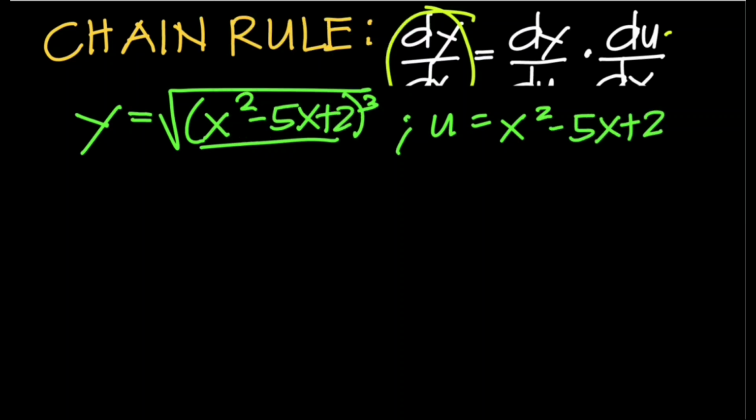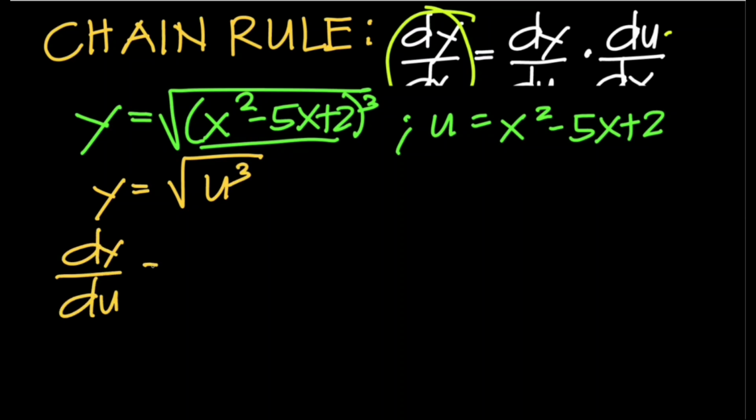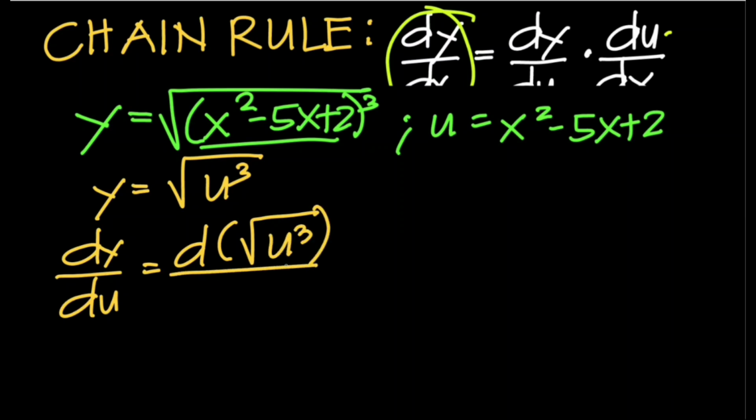And now we can solve for dy over du. Oh, hold on. So our function would become y is equal to the square root of u cubed. So dy over du is just the derivative of the square root of u cubed with respect to u. Right.